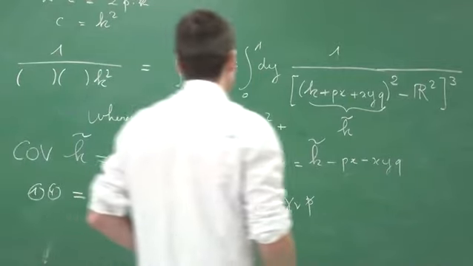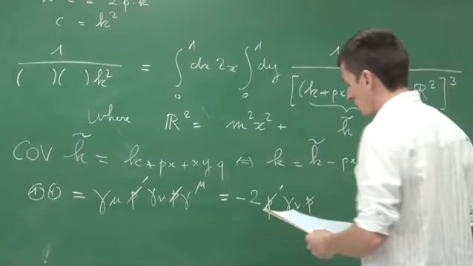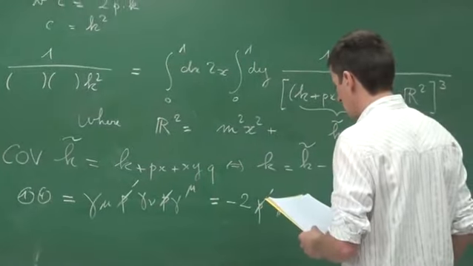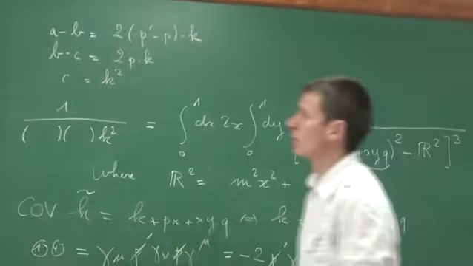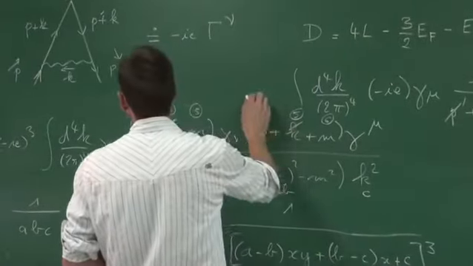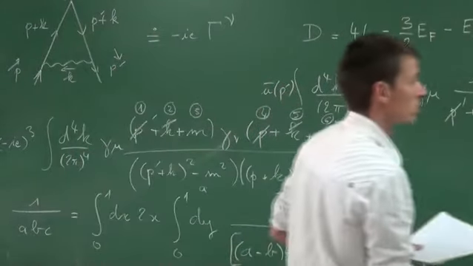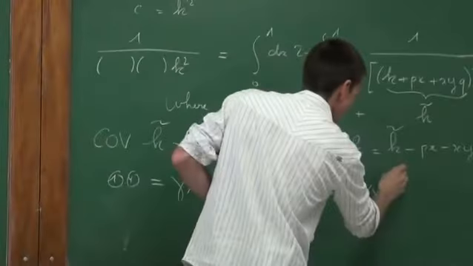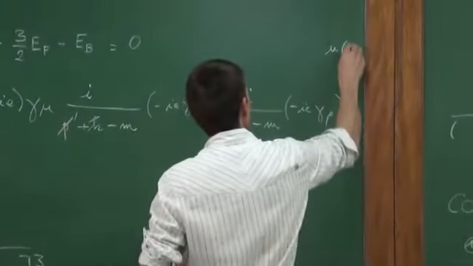Then, with this, we see that we should sandwich here. Yes, I forgot to switch, between u bar p prime and u of p.